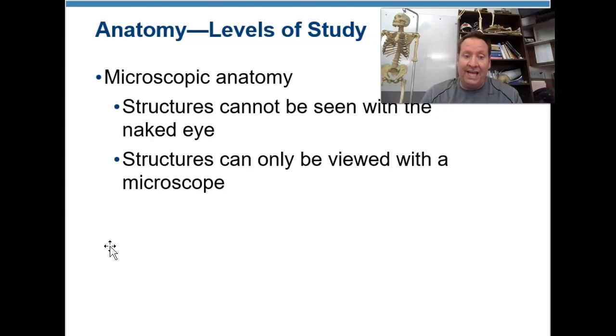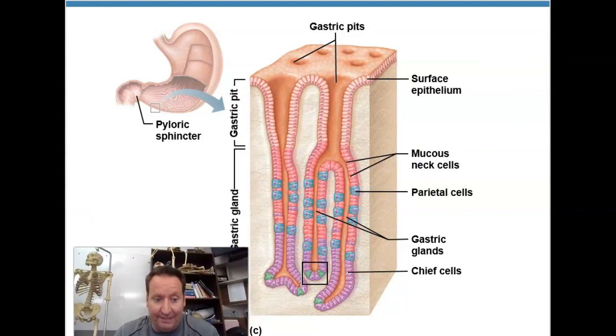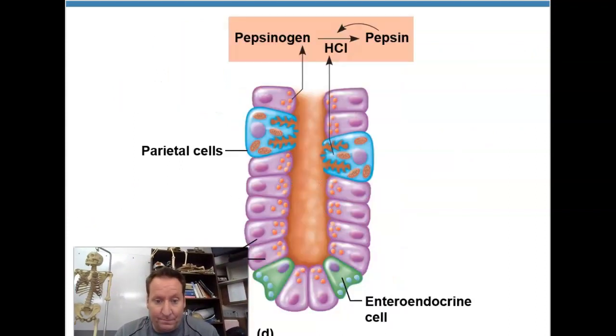An example of what a microscopic anatomist might look at is the gastric pits inside the stomach, underneath the microscope, looking at slides of it, seeing if an individual is overproducing or underproducing a particular enzyme or something like that. Same concept here with microscopic anatomy. We're taking a look at things at the cellular level, enzymatic production in this particular gland itself.